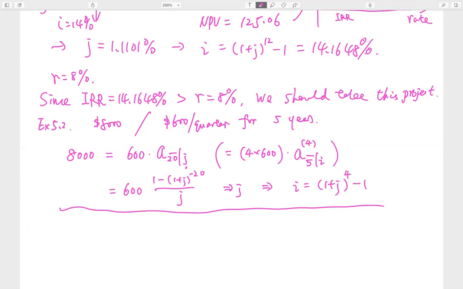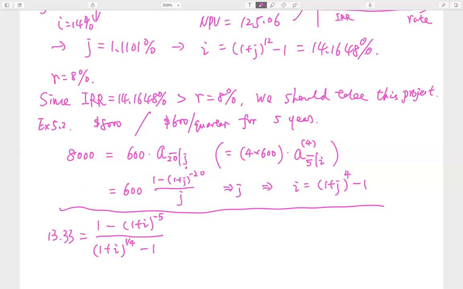After a little work, what you can get would be 13.33, so actually this goes on forever. 1 minus 1 plus i to the -5, and instead of dividing by j, I would divide by 1 plus i to the quarter minus 1.